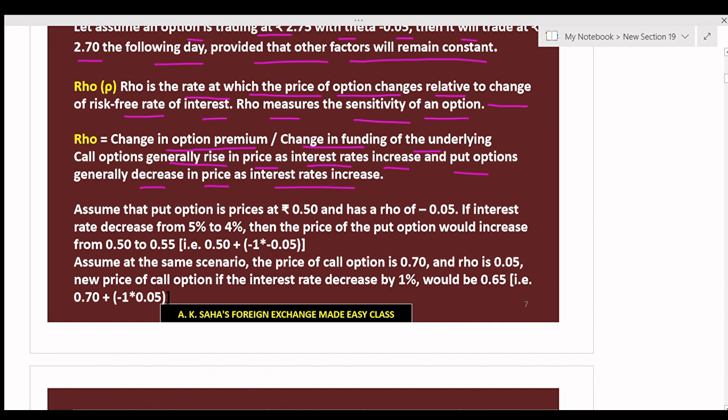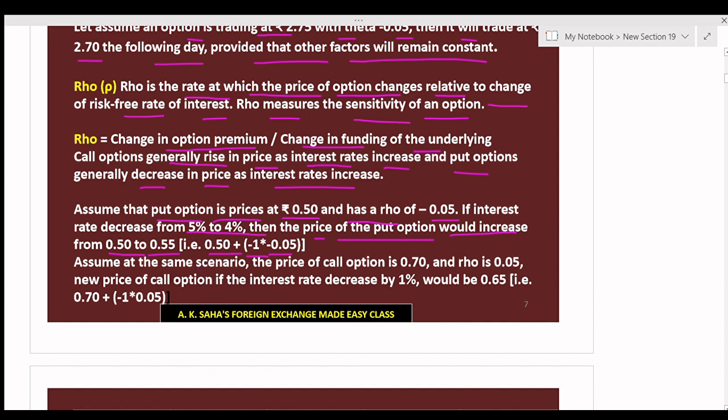Assume that a put option is priced at rupees 0.50 and has a rho of minus 0.05. If the interest rate decreases from 5% to 4%, then the price of the put option would increase from 0.50 to 0.55, that is 0.50 plus minus 1 into minus 0.05 is equal to 0.55.